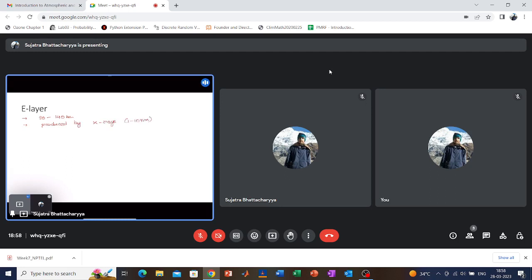You can see that these wavelengths are very short, and the UV radiation, which you call extreme UV radiation also, is about 100 to 150 nanometers.